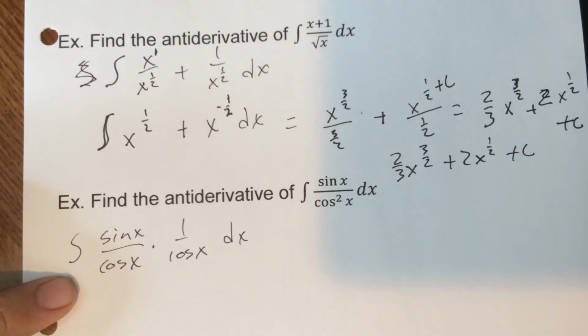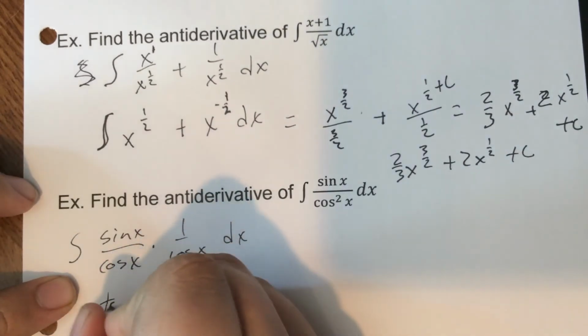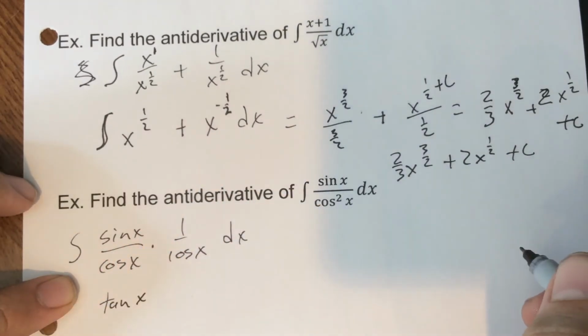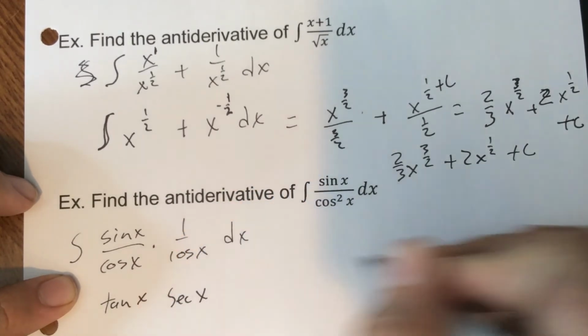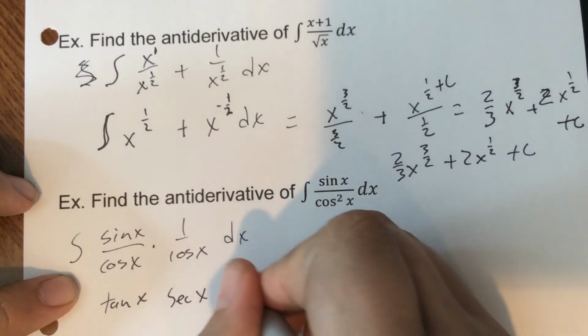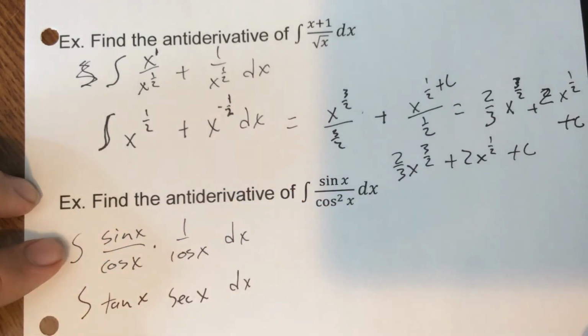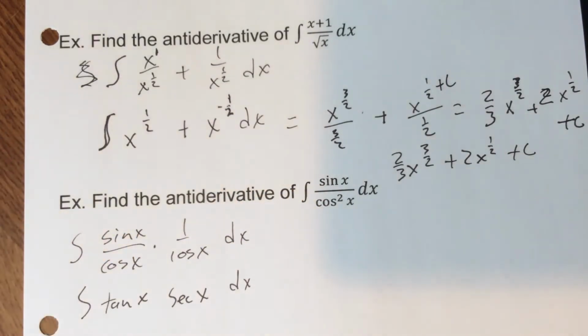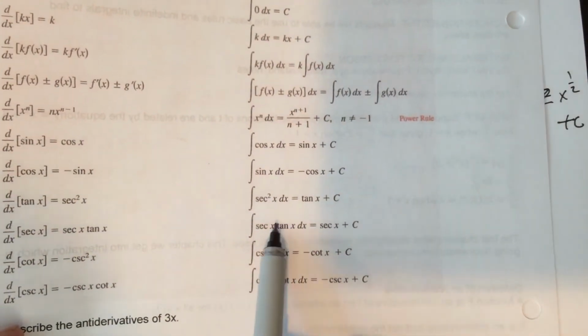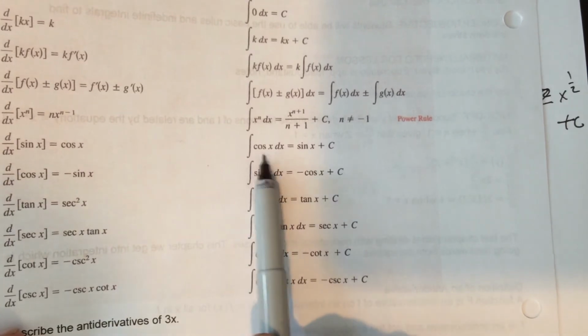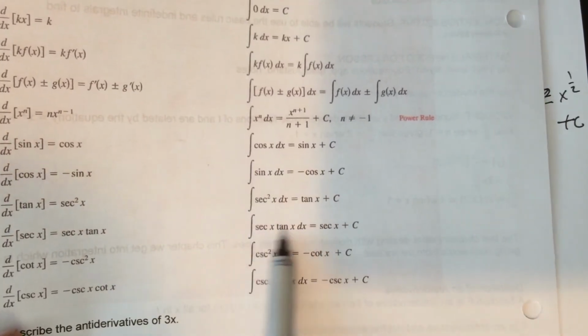If you think back to the trig identities, that's going to be tangent x. 1 over cosine is the same thing as secant x dx. So if we look back at our little chart here, so cosine, sine, secant squared, we have a secant tangent.